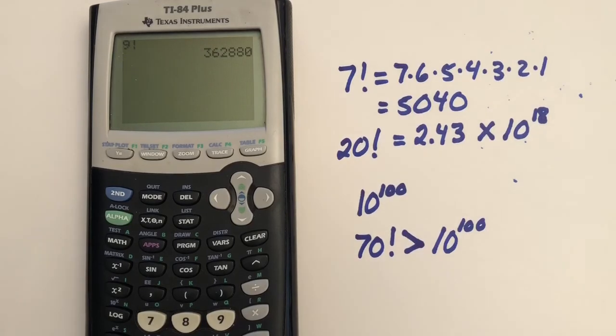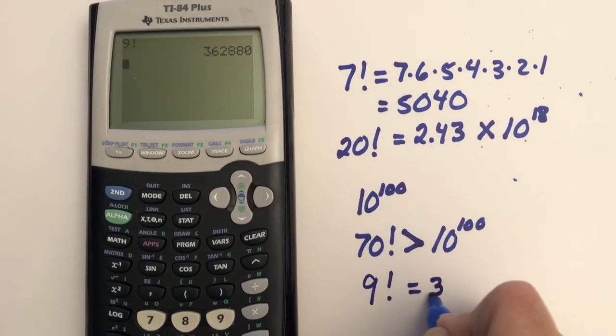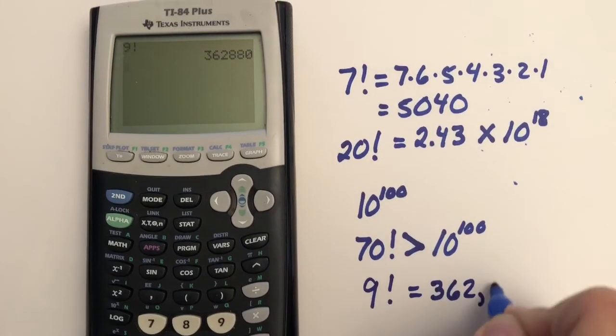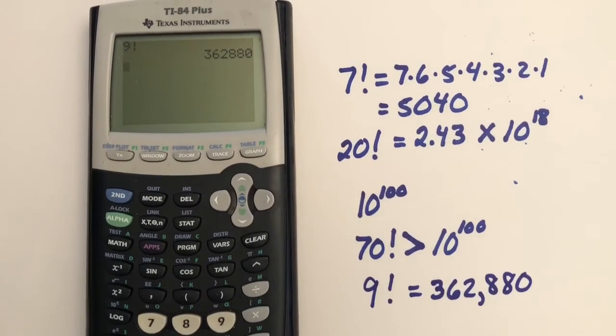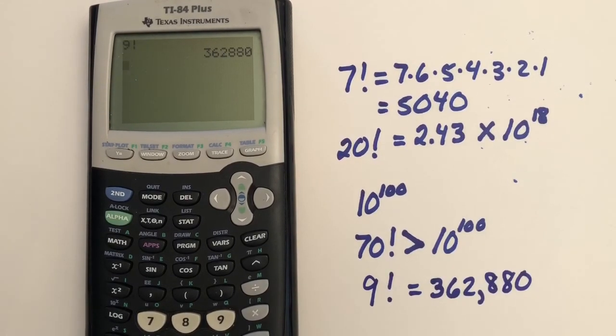So we could find that 9 factorial is equal to 362,880. So your phones, if you have a smartphone, will have that factorial button on it.